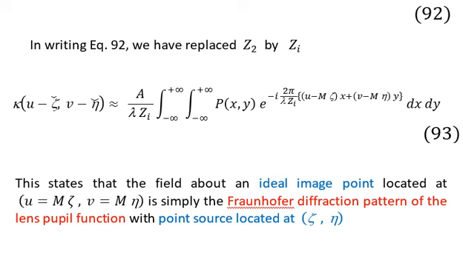This states that the field about an ideal image point located at u equal to m times zeta and v equal to m times eta, the ideal image point on the image plane at these coordinates, is simply the Fraunhofer diffraction pattern of the lens pupil function with the point source located at the zeta and eta coordinates, and zeta and eta are the input coordinates where we have placed our original source that we defined over here.